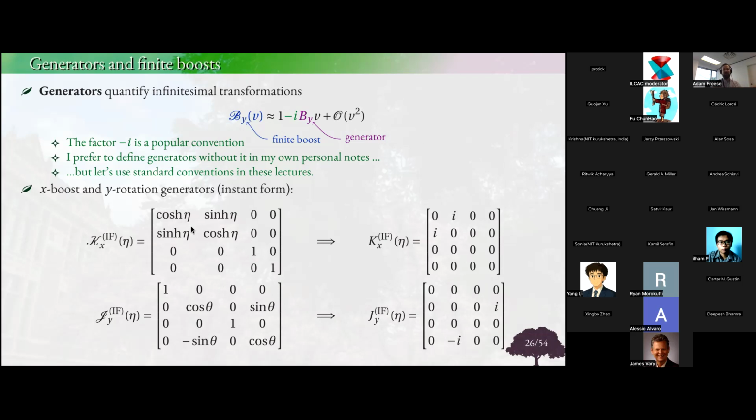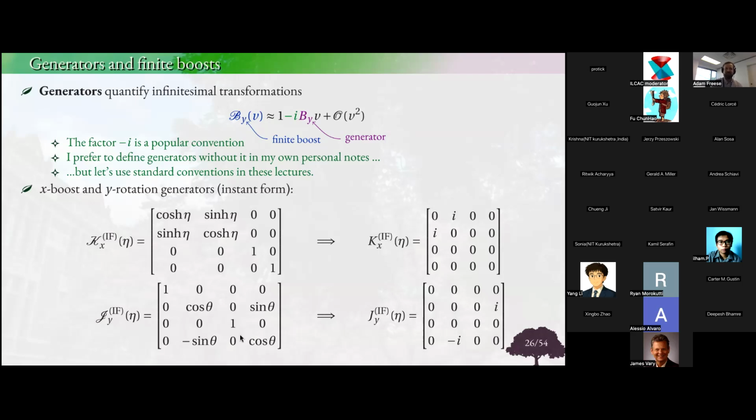So cosh eta to linear order in eta is just one. So all the diagonals become zeros. Sinh eta to linear order in eta is eta. So you pull out a factor minus i, you get an i, and that's how you get this boost generator.